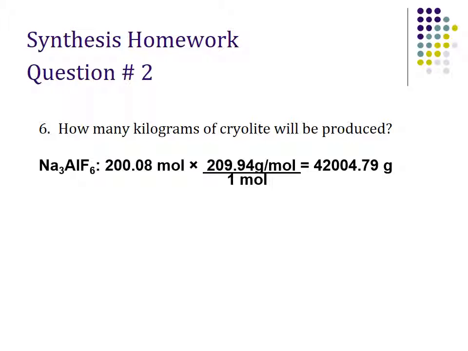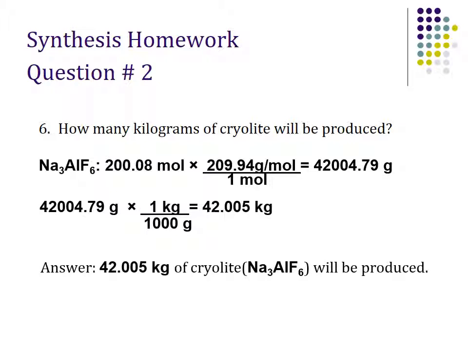After we multiply the moles by the conversion factor, we get a total of 42,004.79 grams. To convert grams to kilograms, we multiply the number of grams by the conversion factor of 1 kilogram over 1,000 grams, giving us 42.005 kilograms. There will be a total of 42.005 kilograms of cryolite produced.